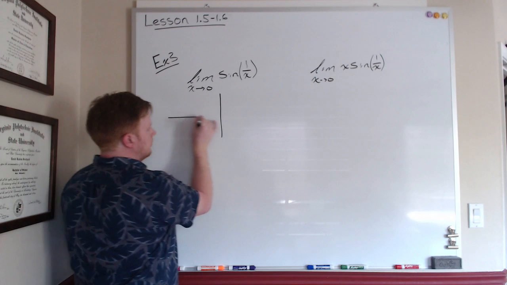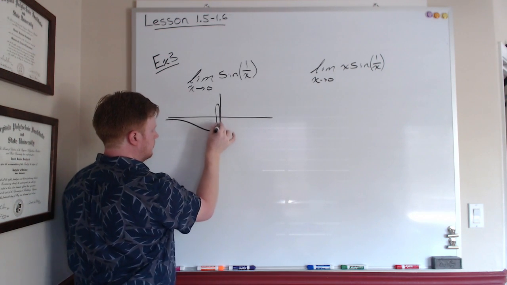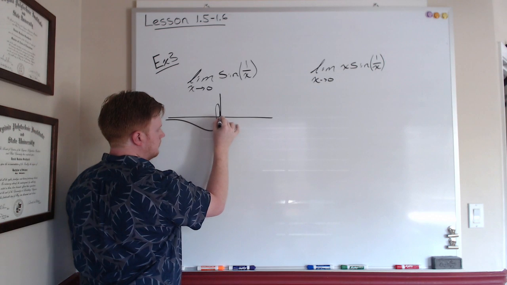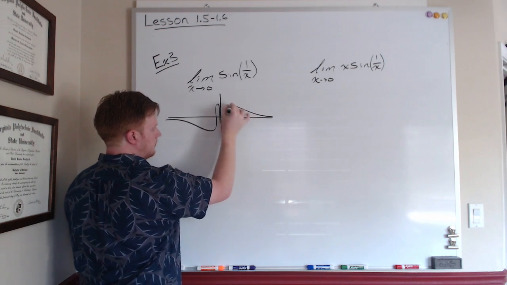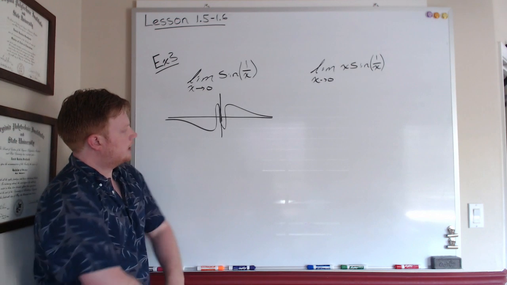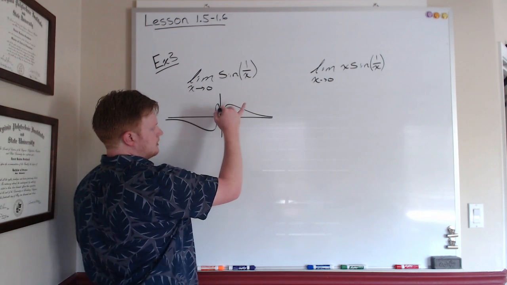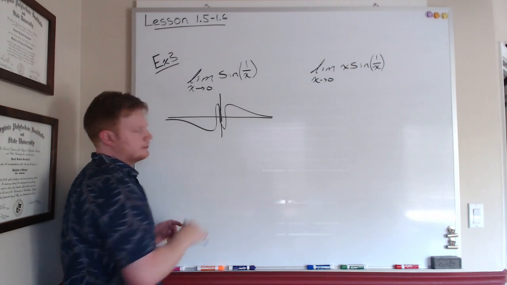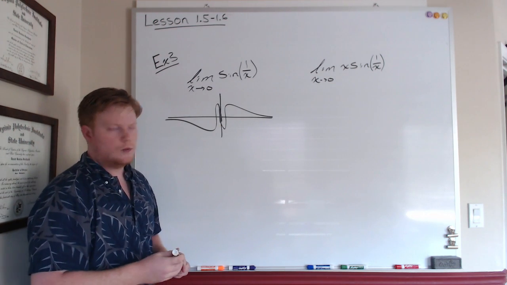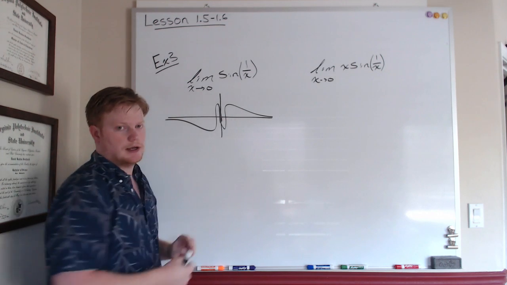And I'll show you what the graph sort of looks like up here. When you graph it, it might look something like that. And there's a bunch of little oscillations going on in here. We want to know what's going on. So we take the limit as x approaches 0 to find out what's going on.